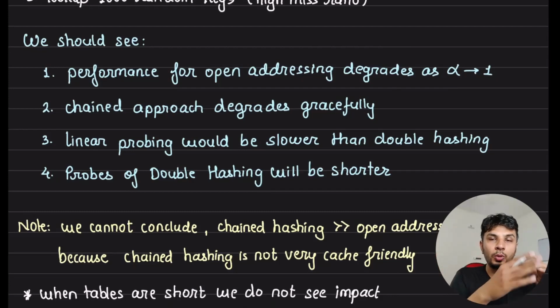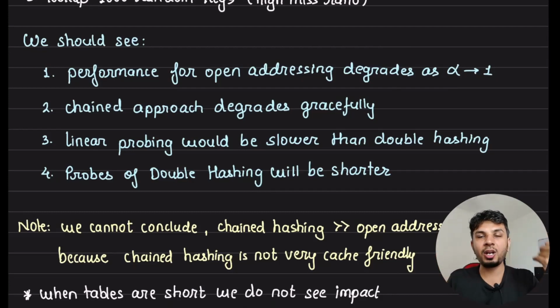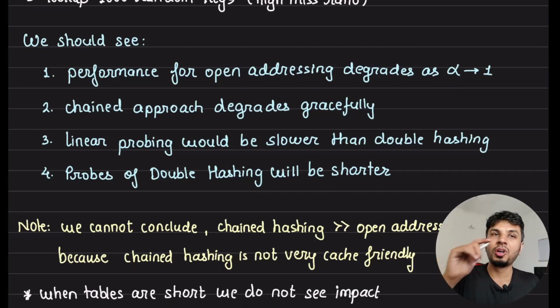So you would do a lot of lookups in order to find your key, or in order to find an empty slot. You do a lot of traversal within the array. So your performance for open addressing would start to degrade as alpha tends to 1.